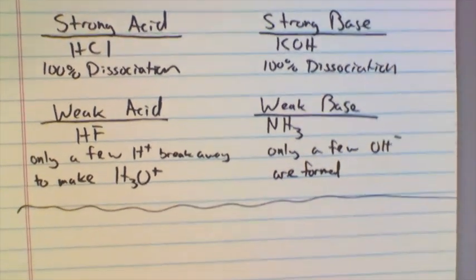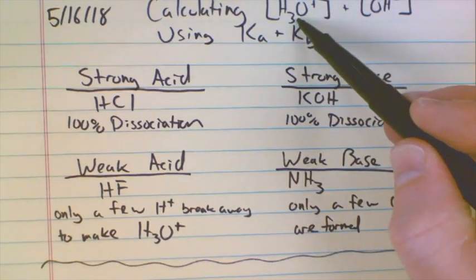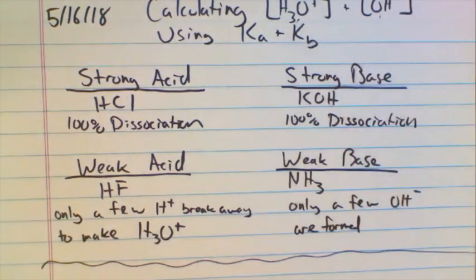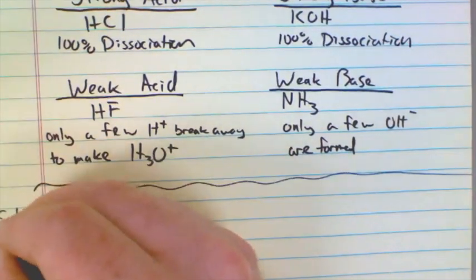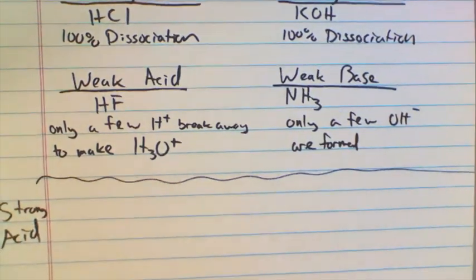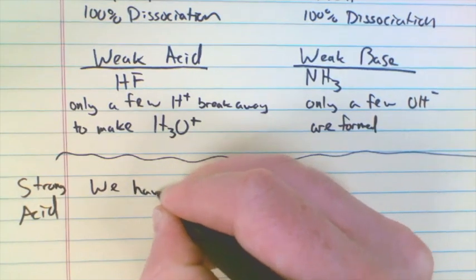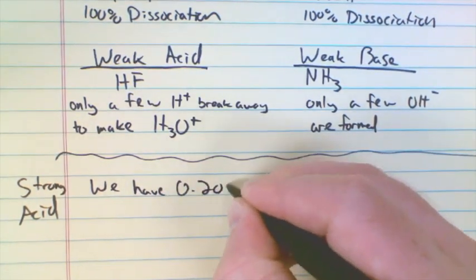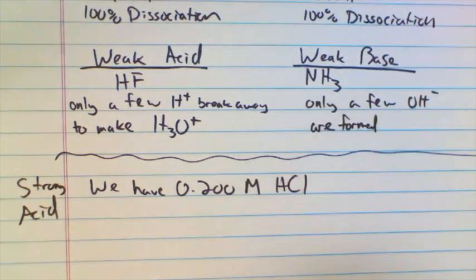So speaking of which, the real goal of today is to figure out the hydronium ion concentration and hydroxide ion concentration. Let's look at how we can figure that out for different types of acids and bases. Start off with a strong acid. We'll say we've got 0.200 molarity hydrochloric acid.